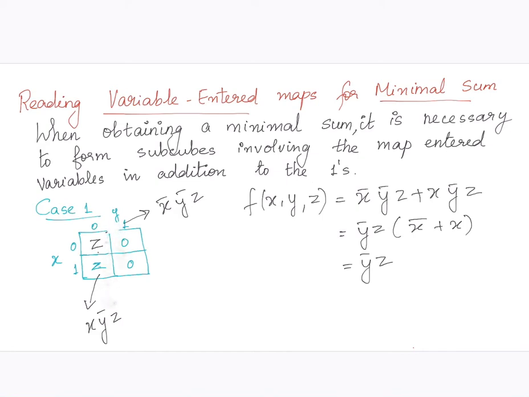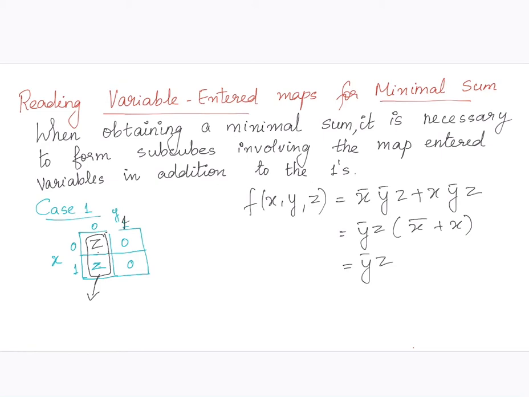In order to group this variable entered map, we have to group the set literals also along with ones. So grouping the set literal over here, we obtain this. Once you have grouped the set literals, when you are writing the term, just like how we write for the K map, the variable should also be written along with this.